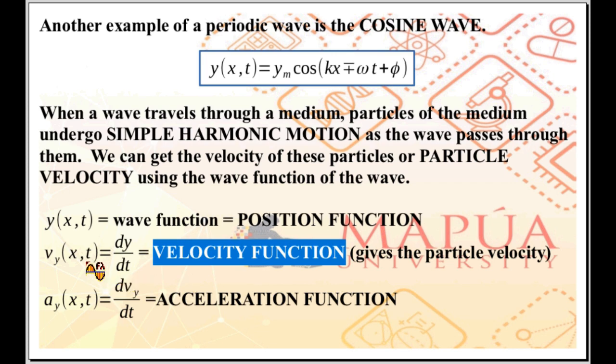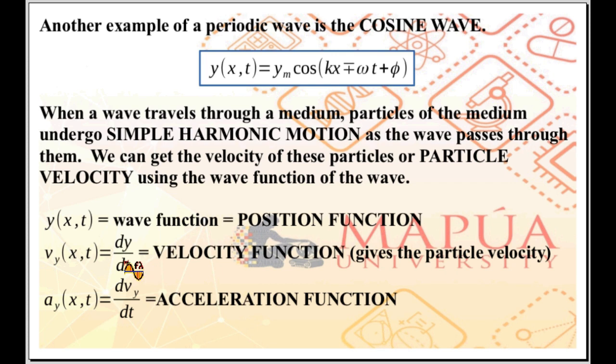Plugging in the exact value of time and x will give you the specific value for the particle velocity. Note that in terms of the wave motion, we have two speeds or velocities to speak of: the speed or velocity of the wave as it moves from one location to another, and the velocity of the particles as the wave passes through them.